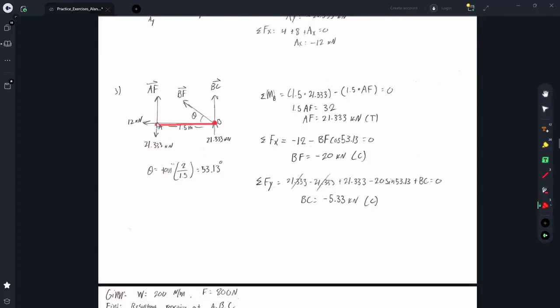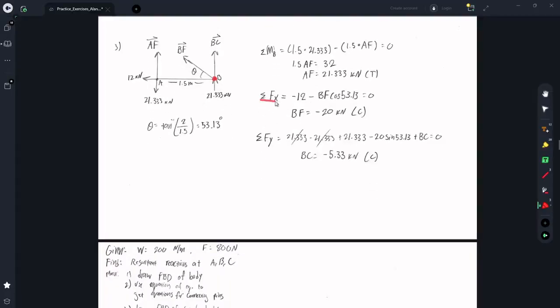And then this one going up here, 1.5 times AF, which we want to solve for, and that is clockwise, so it's negative. Adding those together, dividing, you see that AF is 21⅓ kilonewtons, and since it's positive, it's going to be in tension.